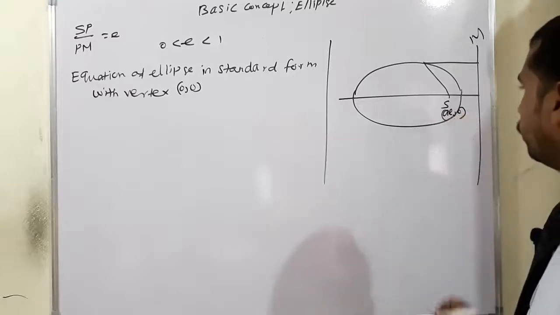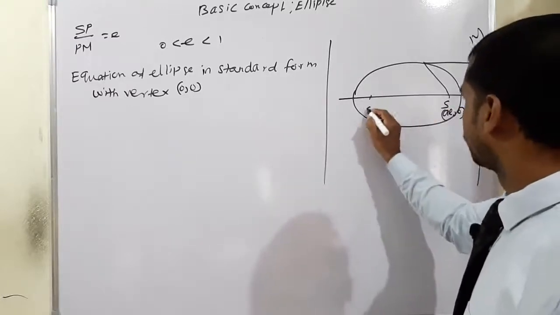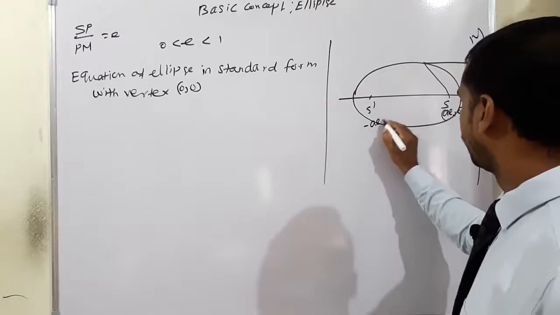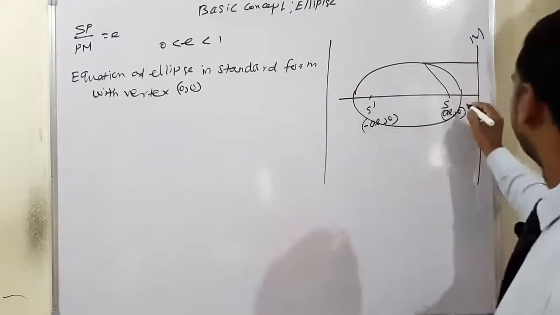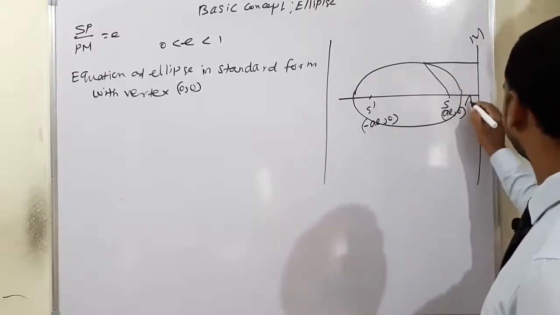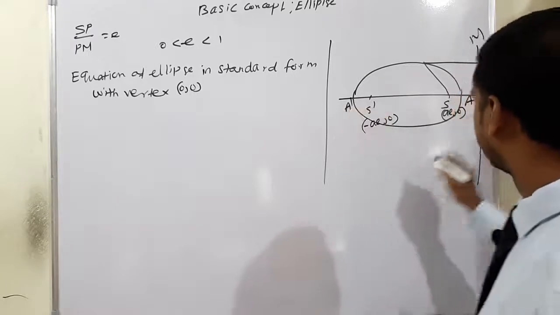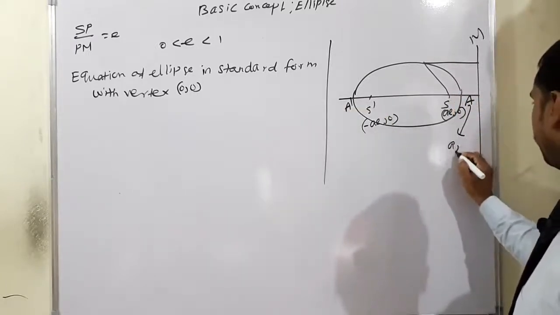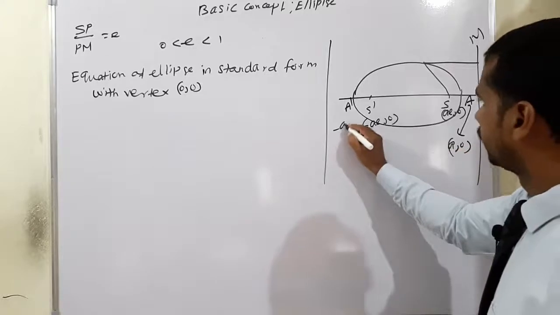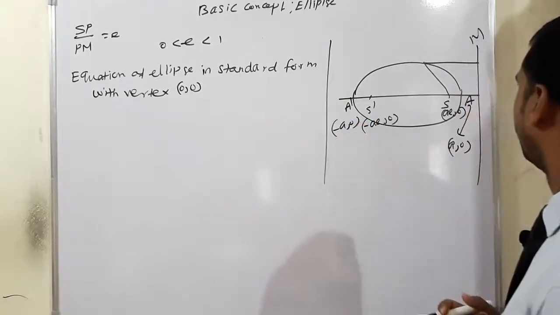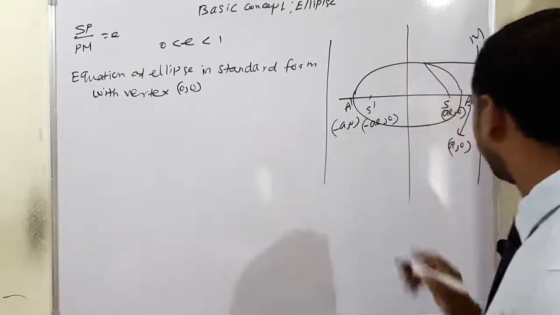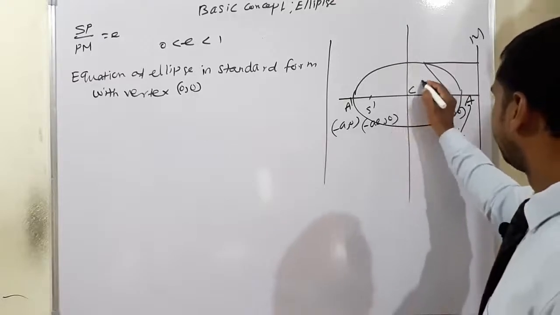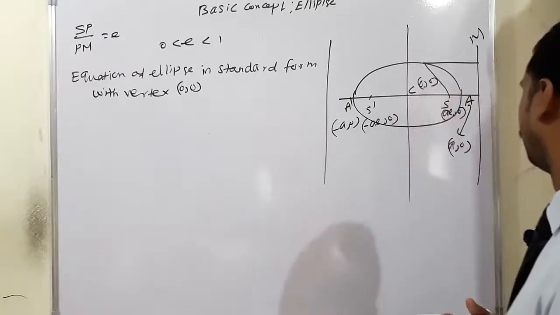S is (ae, 0). Then the opposite side is considered S dash, which is (negative ae, 0). So now this is called A, and this is called A dash. A is considered (a, 0), and A dash is (negative a, 0). Then if you draw a perpendicular bisector, this is considered C, the center, always (0, 0).